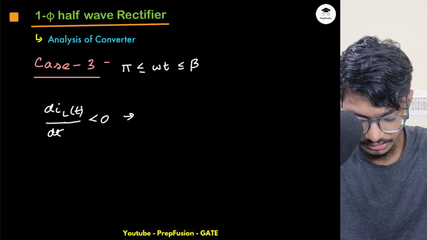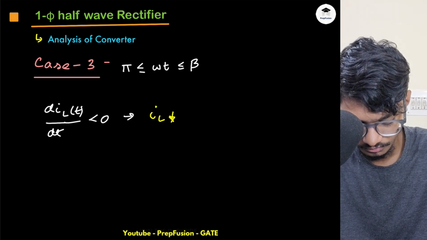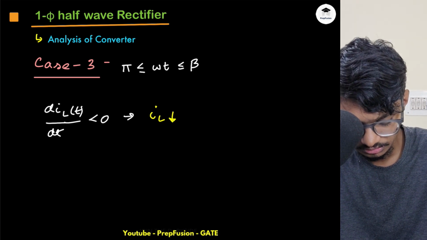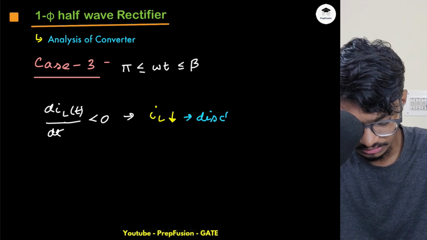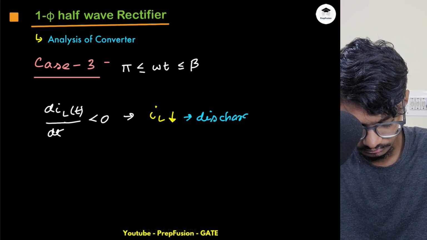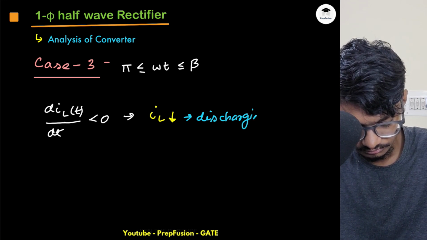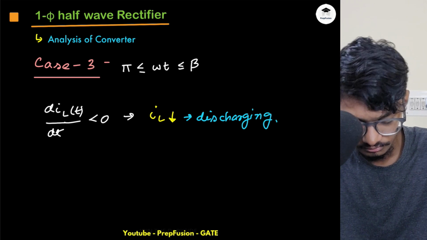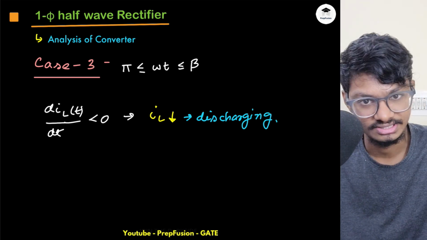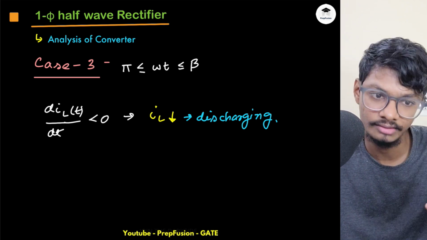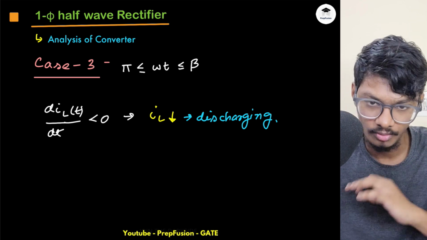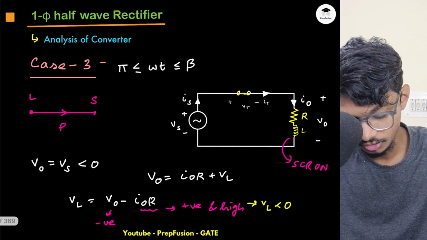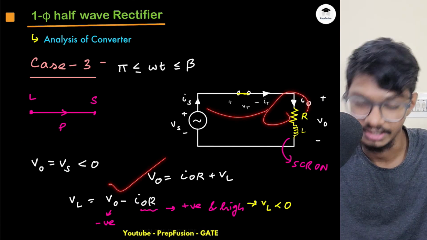That means my inductor current will reduce. It is discharging, simply I can safely say it is discharging. So this is the case basically. It is de-energizing. The current will reduce now because dIL by dt is less than 0, and power is flowing from load to source because my VO is negative.